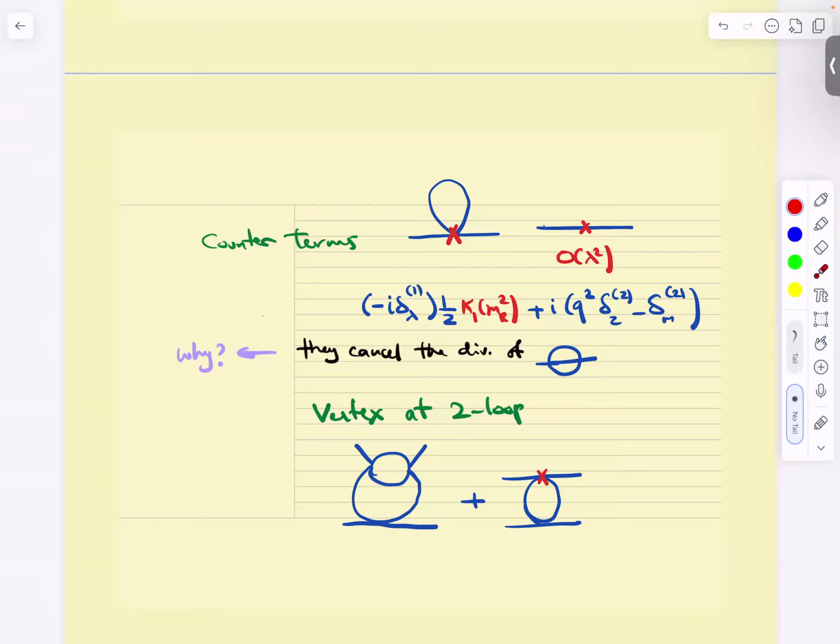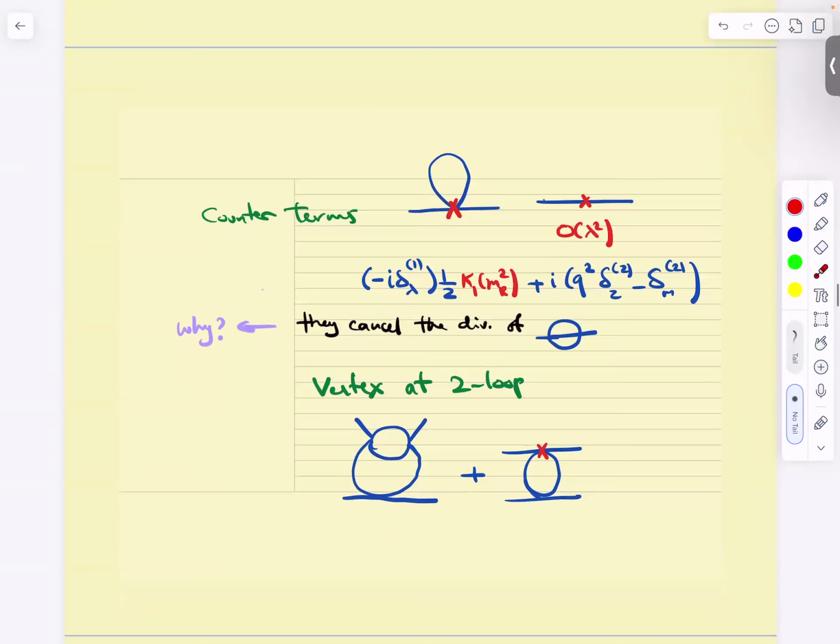No, this is good. Well, there's this diagram, trivially. There's that. Wait, that's wrong. This is wrong. There are these kind of diagrams.